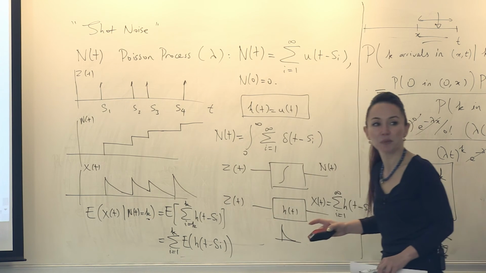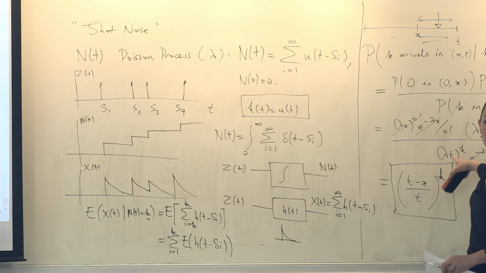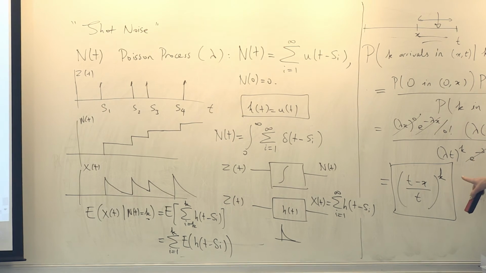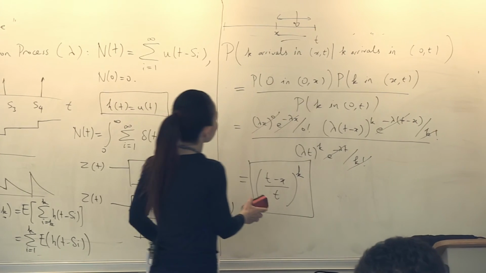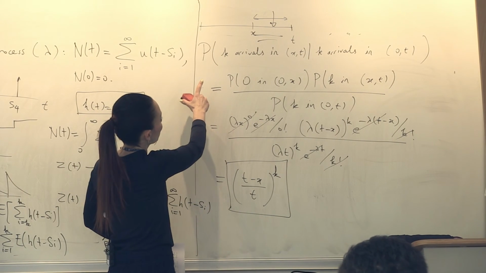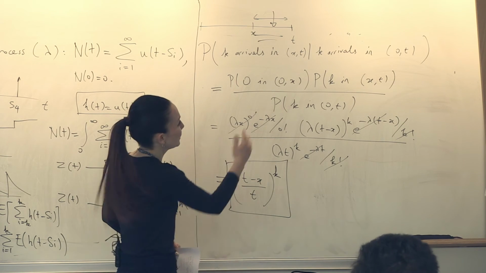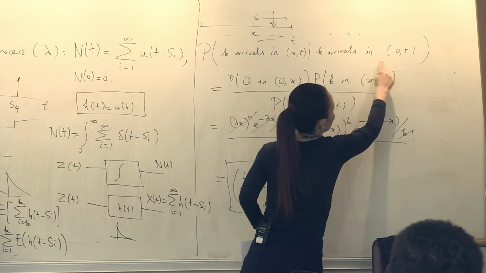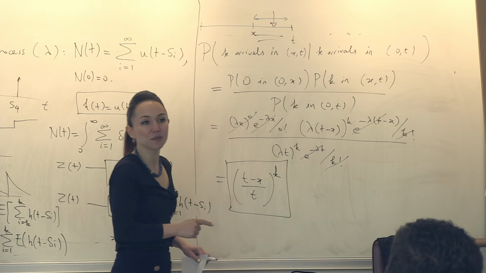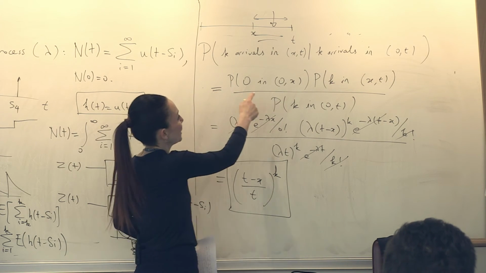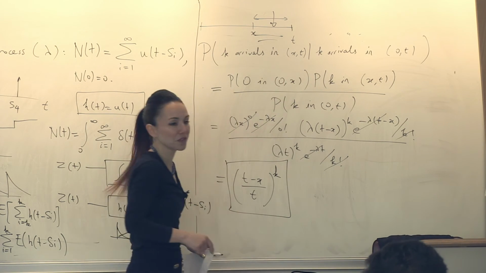And that brings me back to this problem from the previous lecture, where I computed the probability, given that there are k arrivals in a time interval, that all of those arrivals fall in a given portion of that interval.